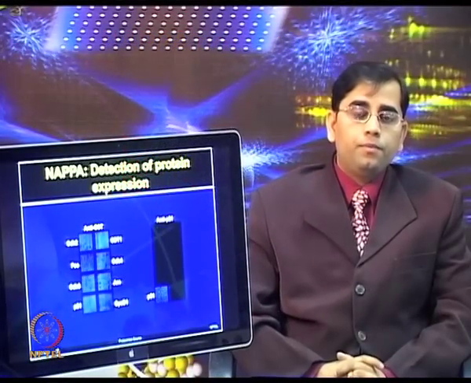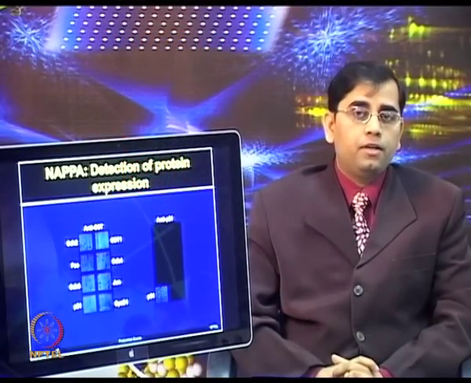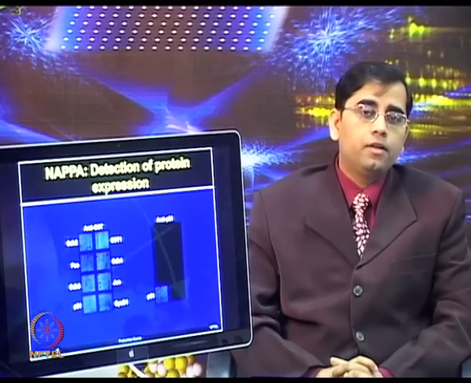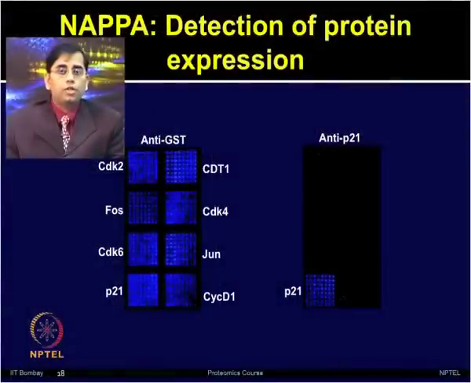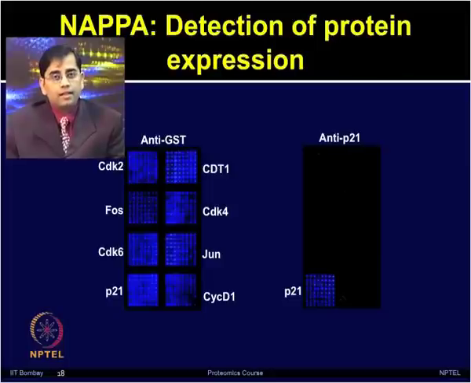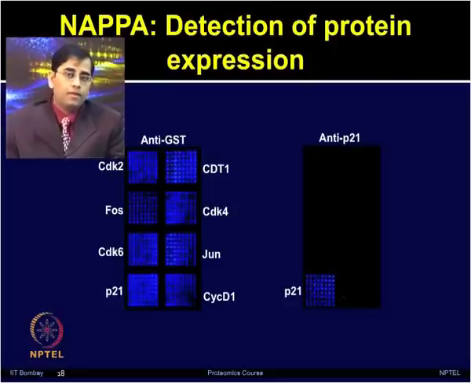So, in this slide I have shown how protein expression can be detected on the NAPPA arrays. The left image shows the proof of concept where 8 genes such as CDK2, CDT1, FOS, CDK4, CDK6, Jun, P21 and cyclin D1 are printed on the chip surface by using NAPPA chemistry.